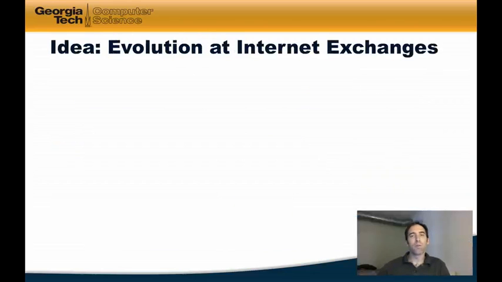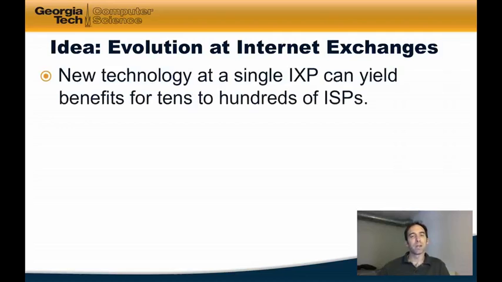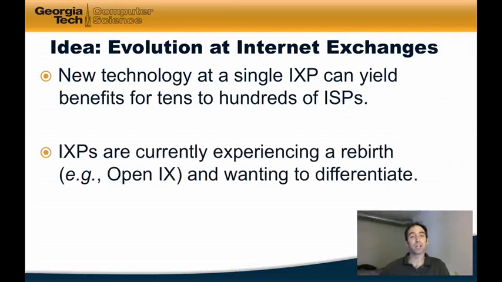So if we'd like to evolve the Border Gateway Protocol to support a wider variety of applications, one idea is to evolve the interdomain routing protocol at the internet exchanges. An internet exchange is a particularly attractive place to deploy new routing technology, since deploying new technology at a single internet exchange can yield benefits for tens or hundreds of internet service providers that connect at that exchange.